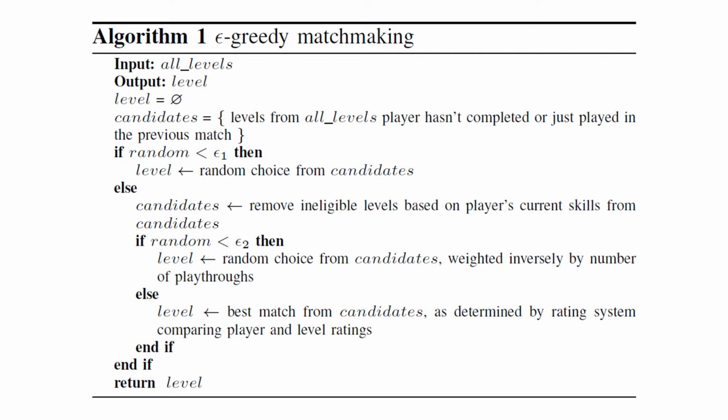We used epsilon 1 to determine if we should serve a level completely at random, so using neither the skill chain nor the rating system. And we used epsilon 2 to determine if, having already determined the eligible levels using the skill chain, the levels should now be served randomly from among those, or if we should use the rating system as per usual. So we had these two different ways of randomly serving the levels.